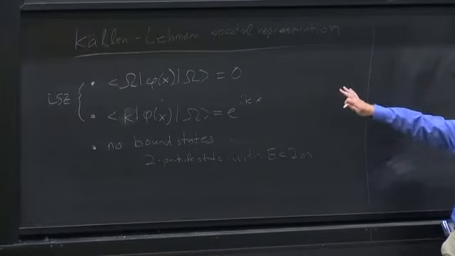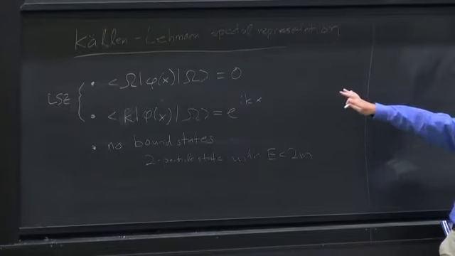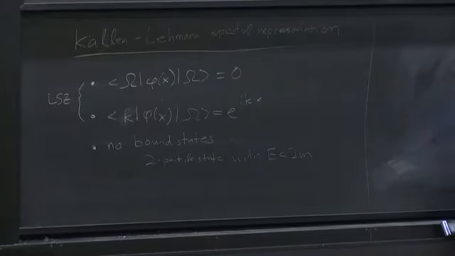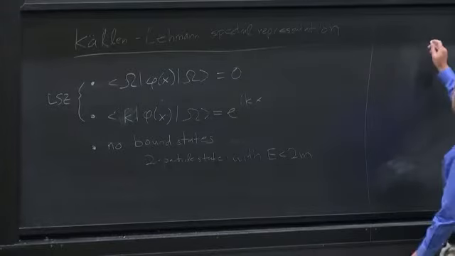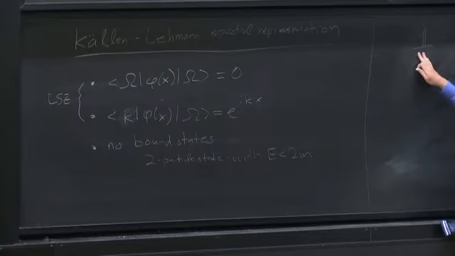Okay, so I claim there's an exact statement we can make about the two-point function with these assumptions. And the way to do that is to basically insert the resolution of the identity inside the two-point correlation.